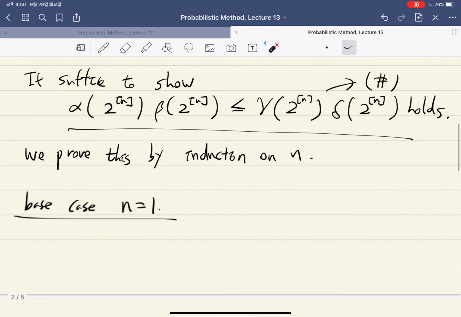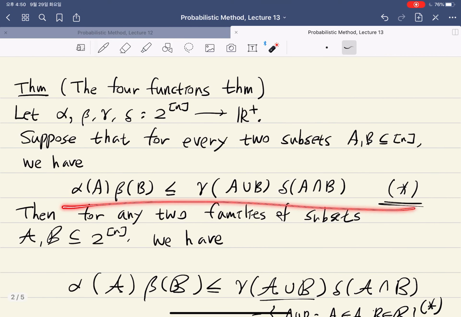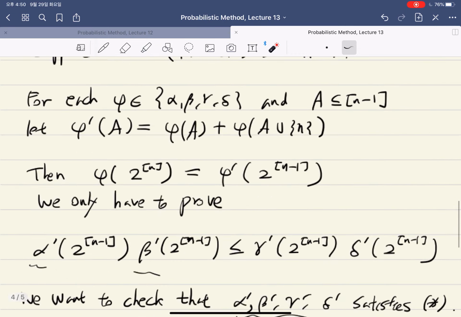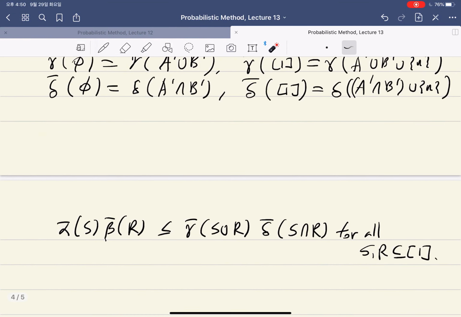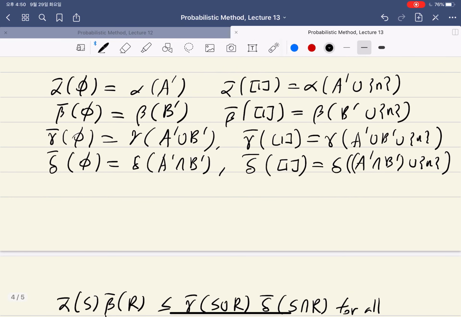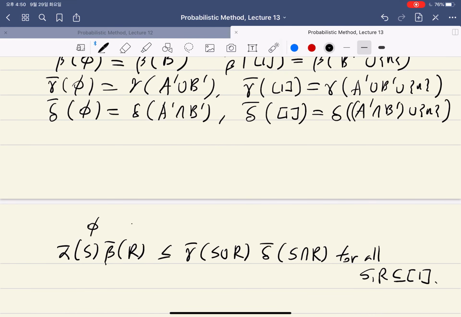If we just apply this given condition, then we get this inequality. And if, say, one of them is the empty set and the other is bracket 1, then you have A prime and B prime in union with n.